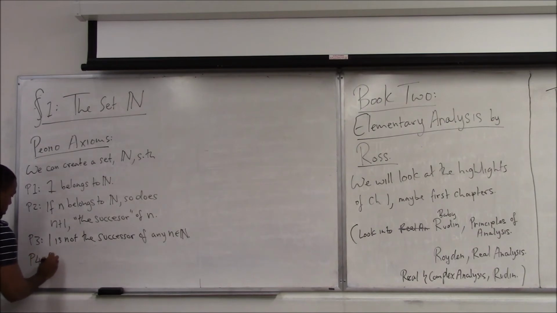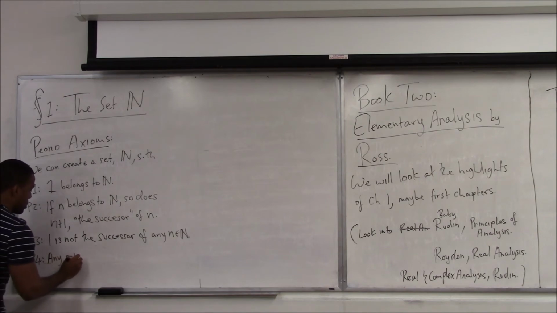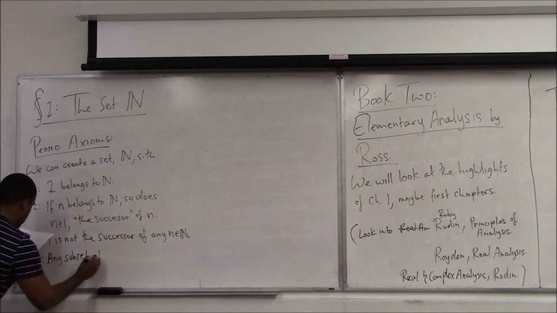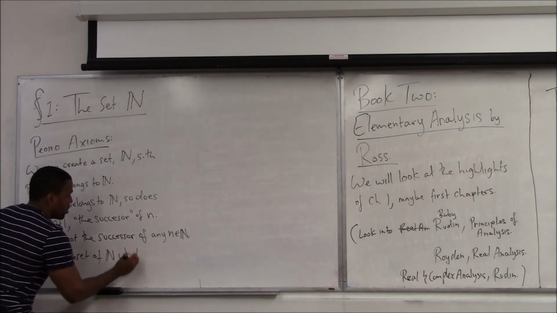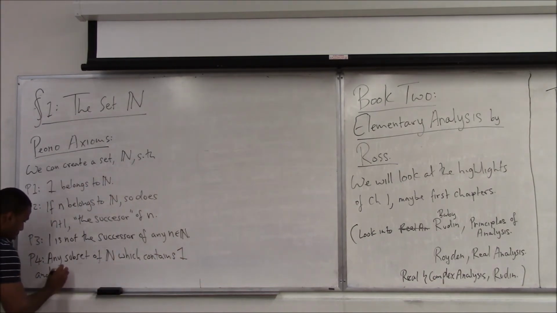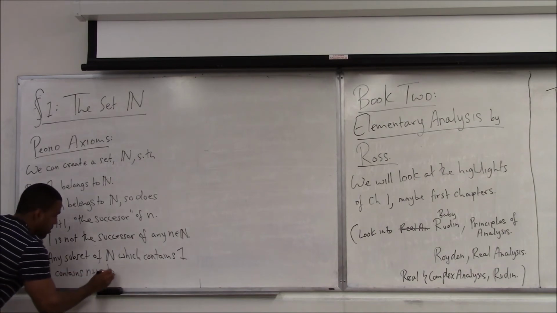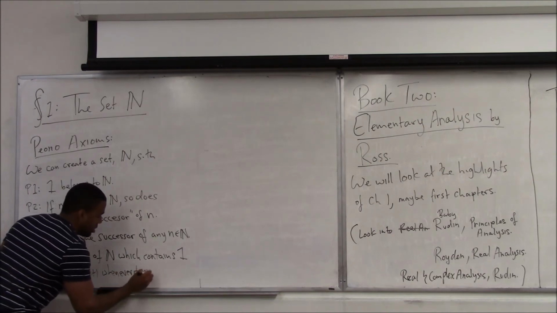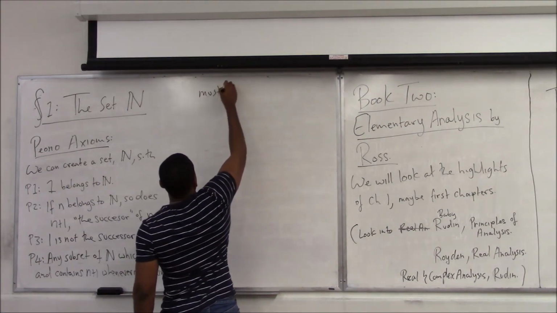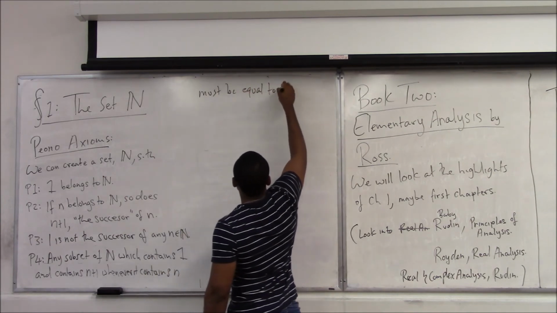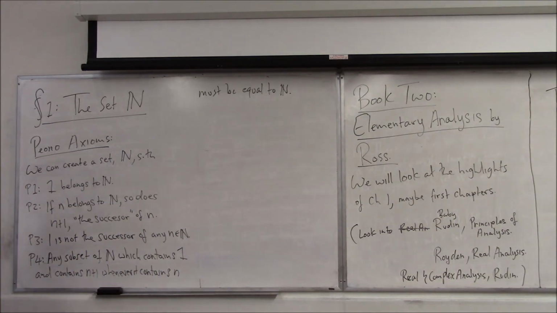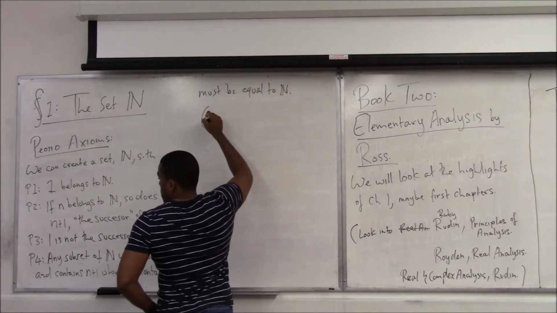Fourth axiom, any subset which contains 1 and contains n plus 1 whenever it contains n must be equal to N. Did I write down 5 things?